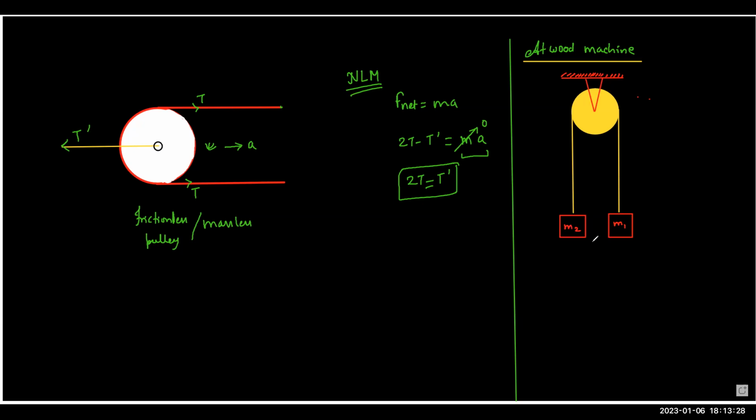If the hanging masses are different, then definitely one of the blocks will go up, another block will go down. But that is not our concern as of now. As of now, we are only interested in the tension diagram in this case, how to draw the tension force here. So M2 will experience tension in which direction, up or down?